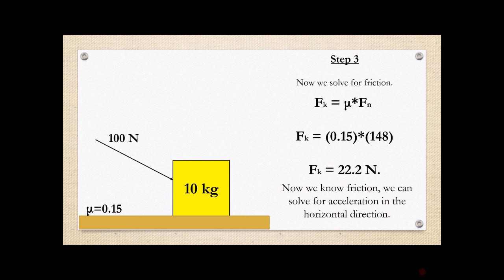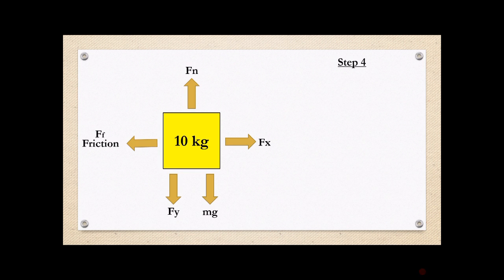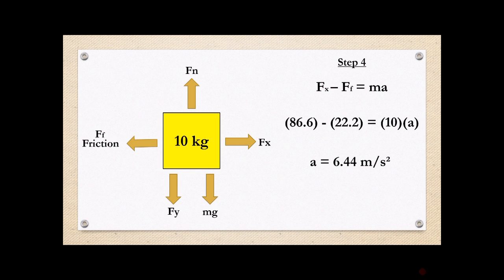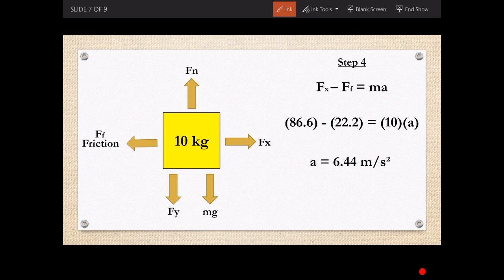Now we have all these figures, we're all set to solve for acceleration in that horizontal direction. Back to our free body diagram. Okay, Fx minus the frictional force must equal the mass times the acceleration. Remember, Newton's second law clearly states that the sum of the forces equals mass times acceleration.